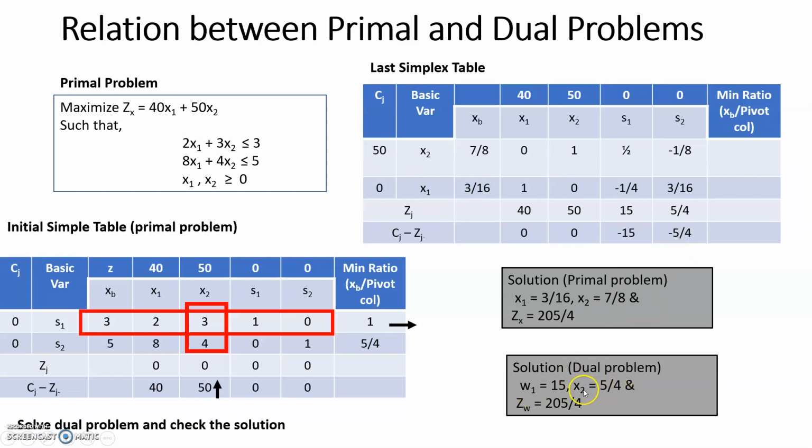This is again a mistake, I have written x w2. When we put these values into z w, we will get 204, or you can say w1 into 3 plus w2 into 5, the addition of both will give you 204.